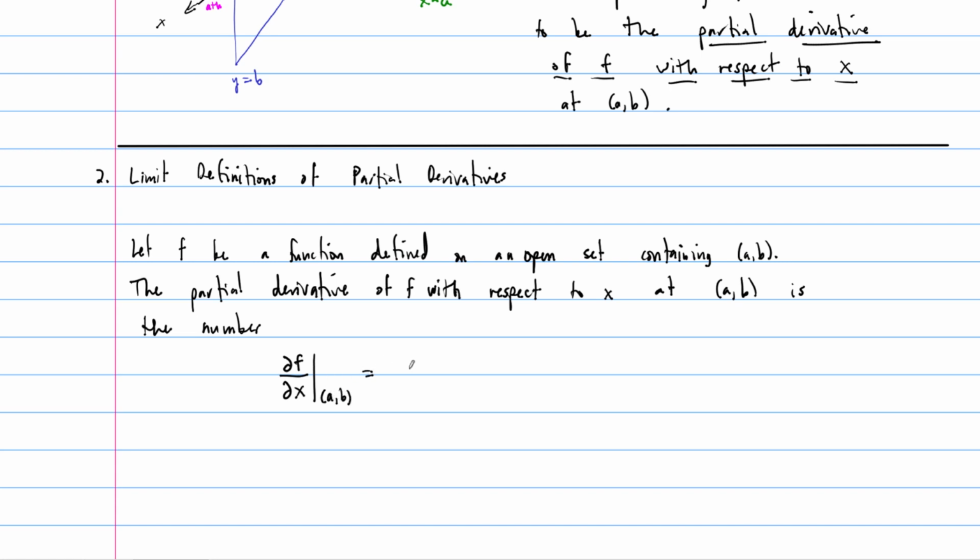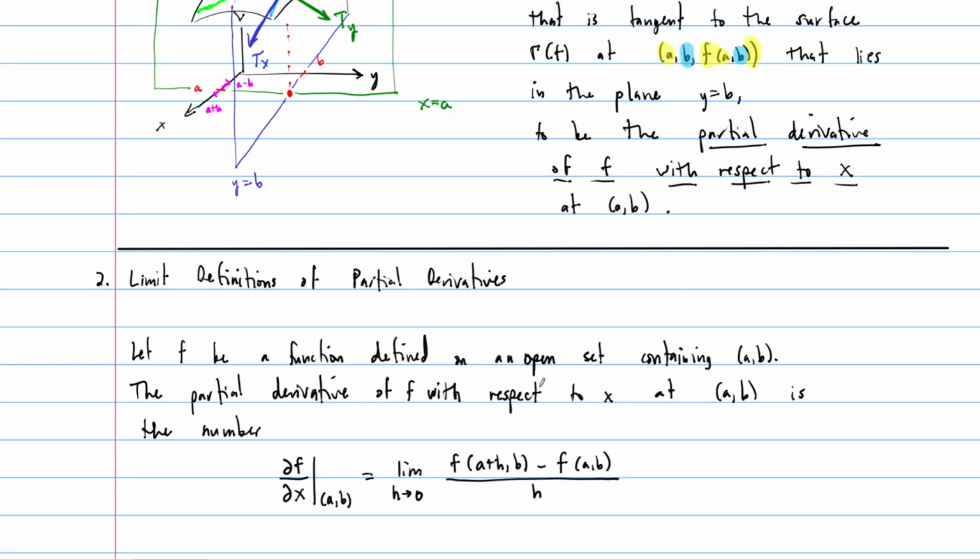And so in our x direction, this is defined to be the limit as h approaches 0 of f of (a plus h, b), so a tiny change in the x coordinate, minus f of (a, b), all divided by h. And this is exactly a difference quotient, just as we talked about up here, right? So let me color code this exactly the same way. The b's remain fixed.